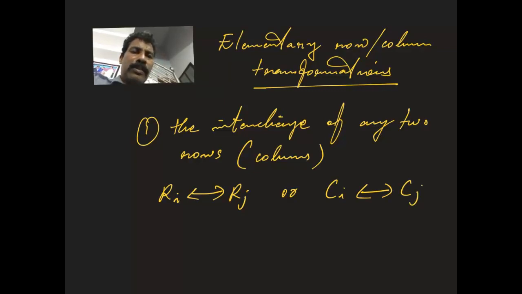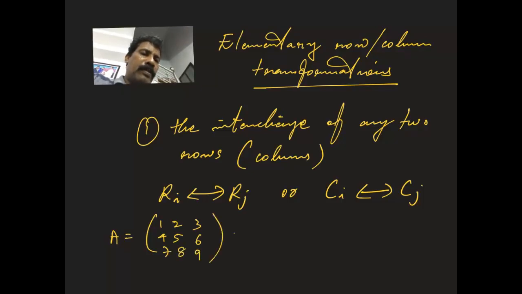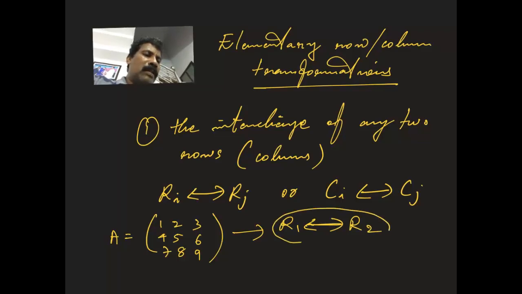So what is it? Suppose we have capital A is equal to, say, 1, 2, 3, 4, 5, 6, 7, 8, 9. And if we operate R1 interchange with the R2 elementary operation, that is, we are just interchanging the first and the second row. What should be the answer after the operation?